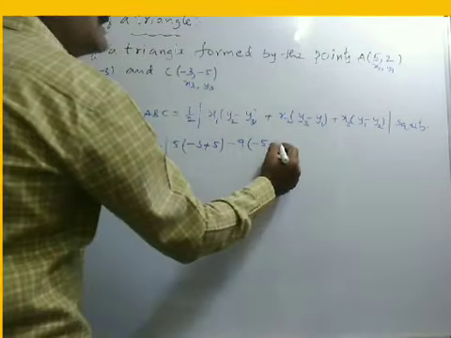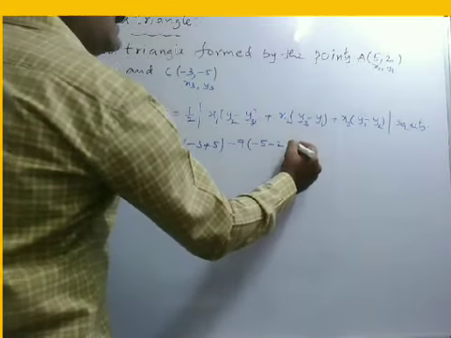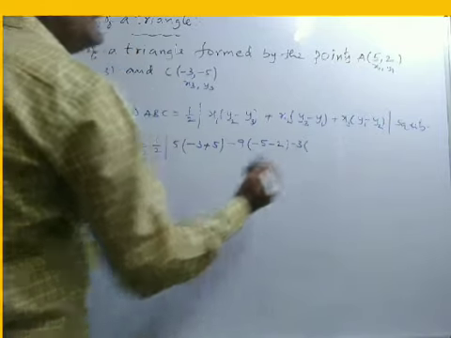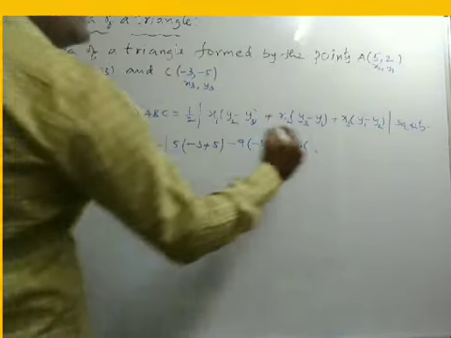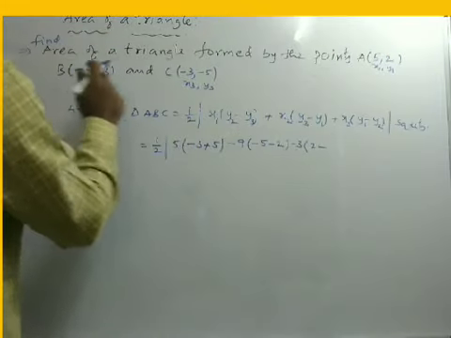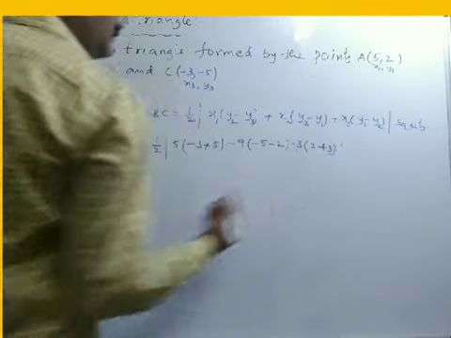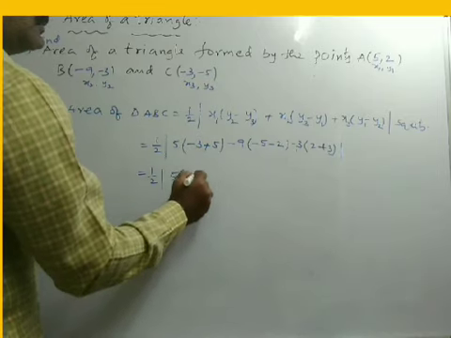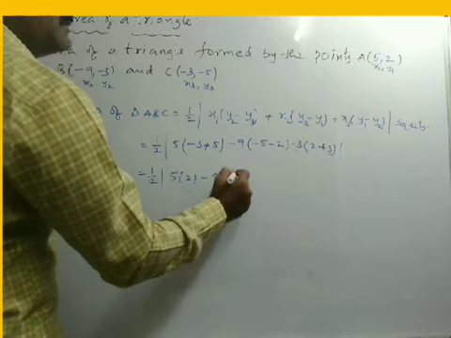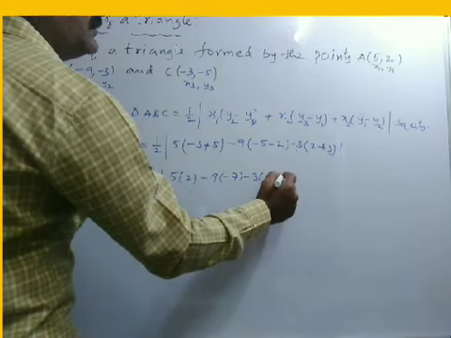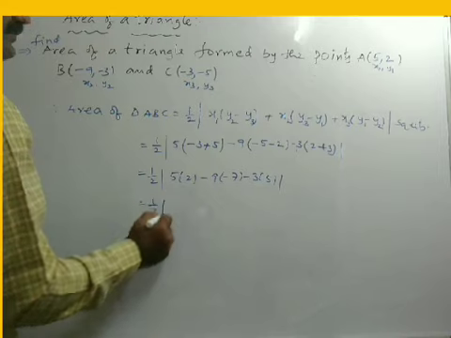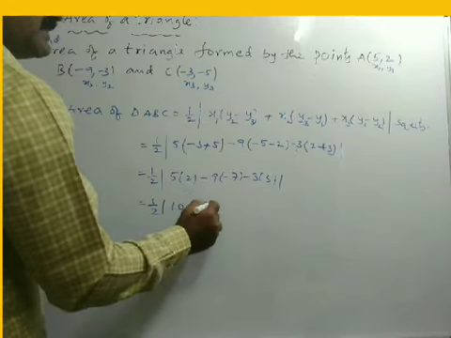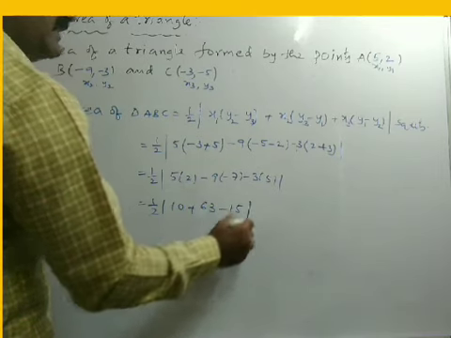minus y1 value which is minus 2, plus x3 is nothing but minus 3 into y1 which is 2 minus of minus 3 which is plus 3. So we need to simplify. 5 into 2 minus 9 into minus 7 minus 3 into 5. So half modulus of 10 plus 63, 9 sevens are 63, and minus 15.